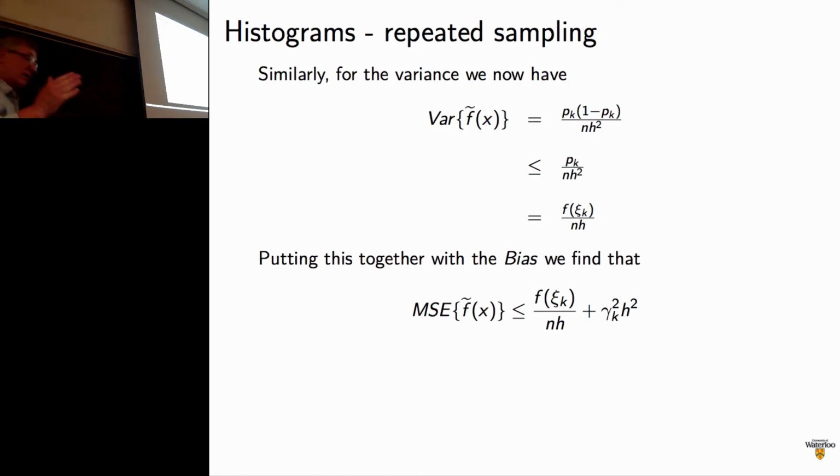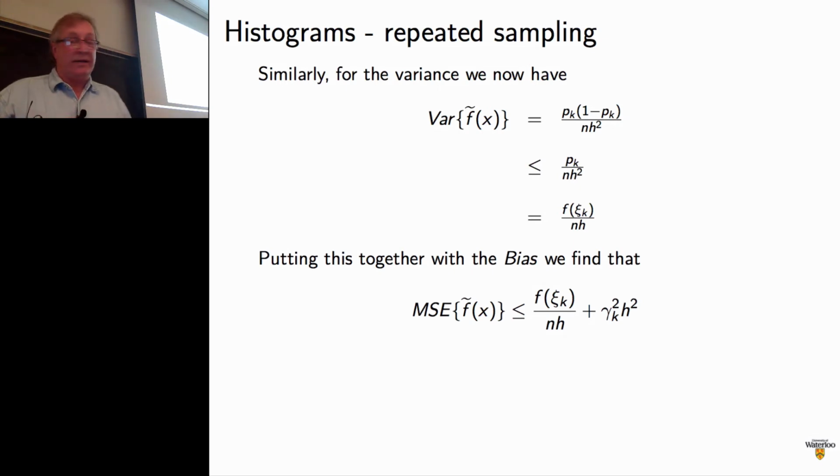So the mean squared error of our histogram estimate for x in the kth bin is bounded by that amount. And now you can ask yourself questions like what happens to the mean squared error as h goes to 0, as n goes to infinity. Well, the variance is going to disappear, but not this piece, right?